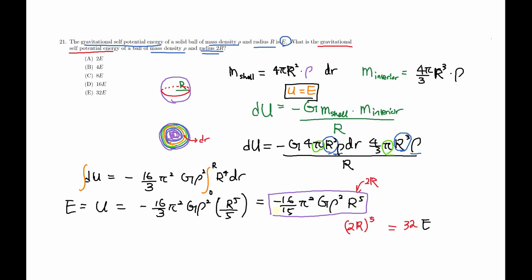Everything is the same except this 2 to the fifth. So when you create a twice as large ball, our gravitational self-potential energy increases 32 times. So the answer is E.